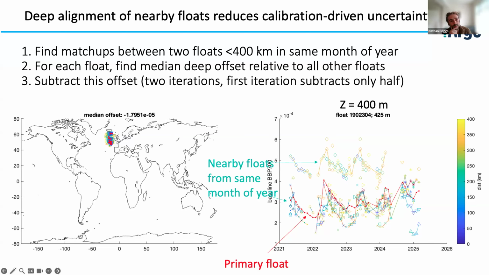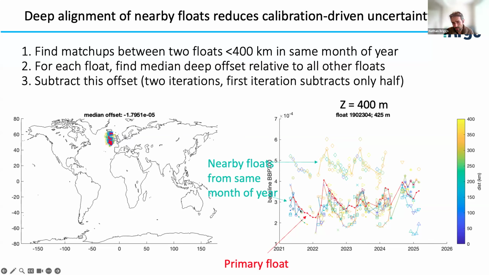So the first step is to find matchups between any two floats that are within 400 kilometers of each other in the same month of the year. And then for each float, find a median deep offset relative to all other floats, and then subtract this offset. So it basically just aligns floats with floats it's encountered in its lifetime in the same month of the year.